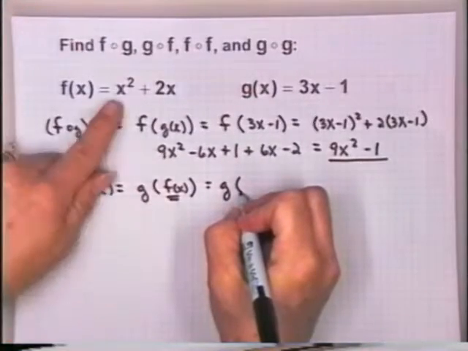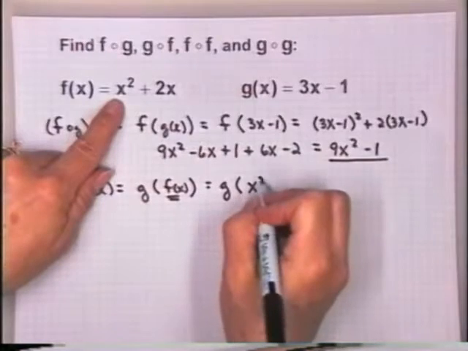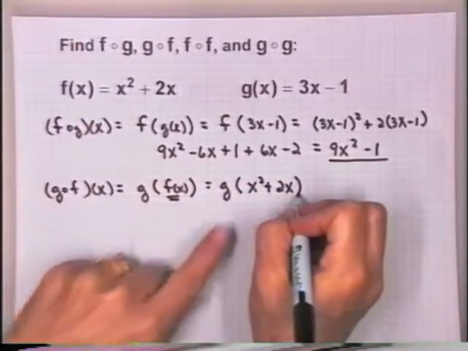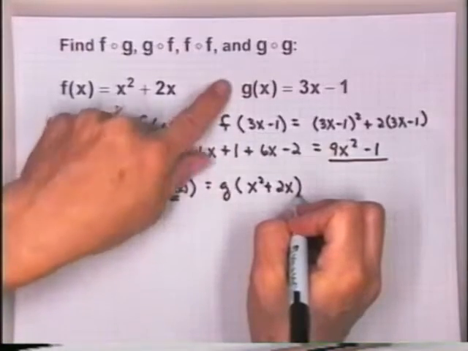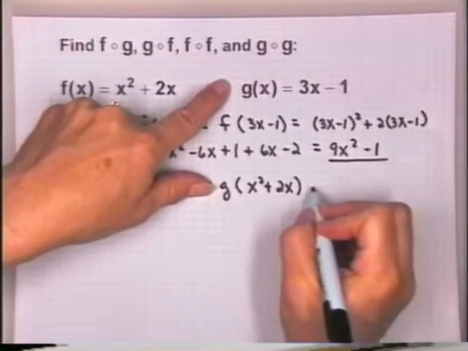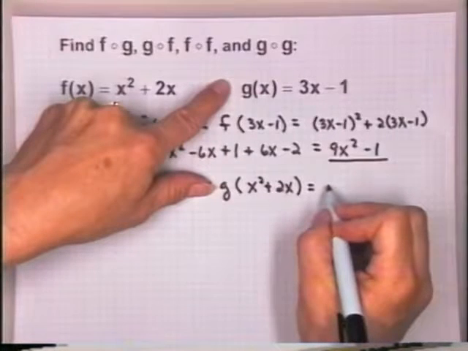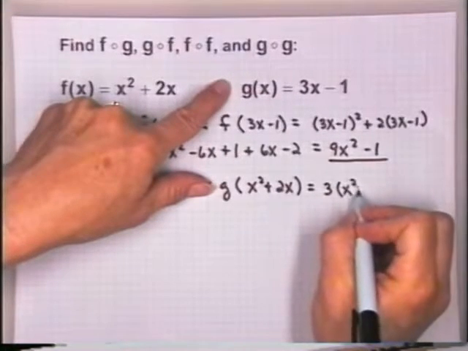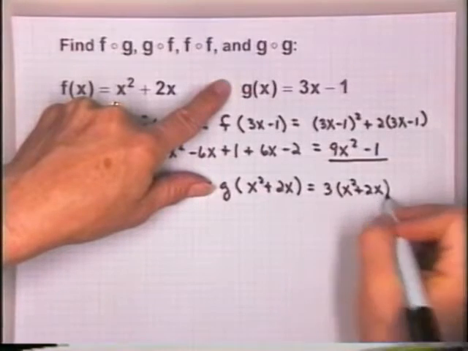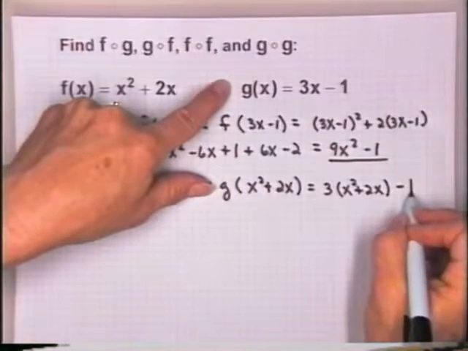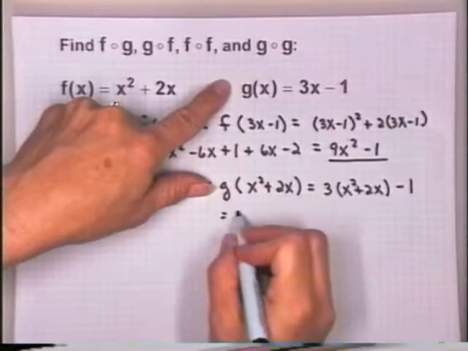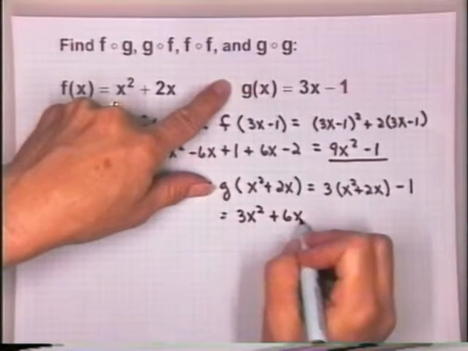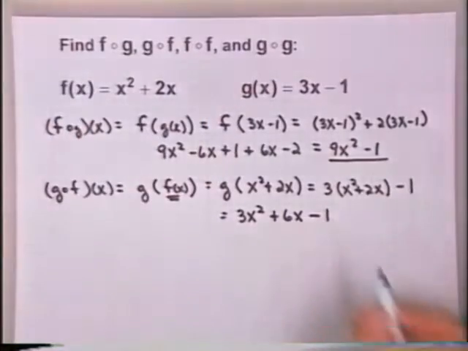We're going to replace f with what it's equal to, which is x squared plus 2x. Now this says go to function g, look at g right up here, and replace our x with x squared plus 2x. So 3 times (x squared plus 2x), and then minus 1. Let's simplify. We have 3x squared plus 6x minus 1.